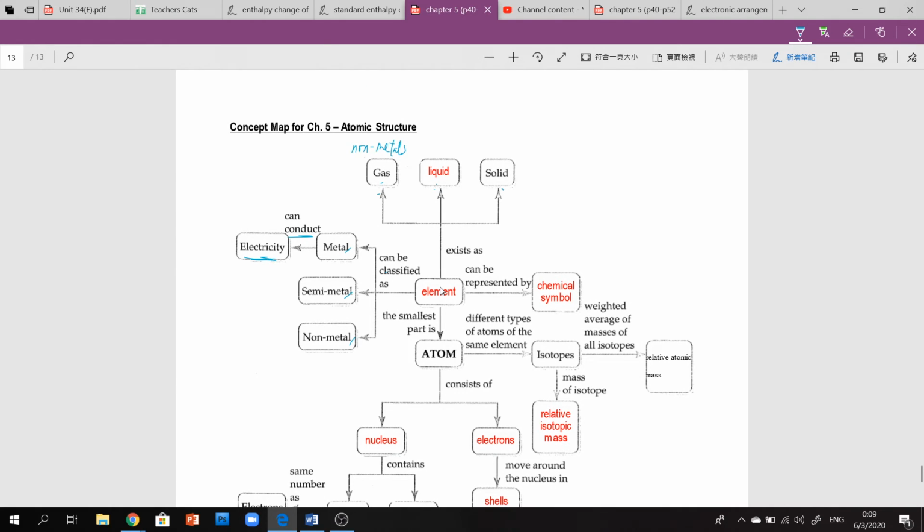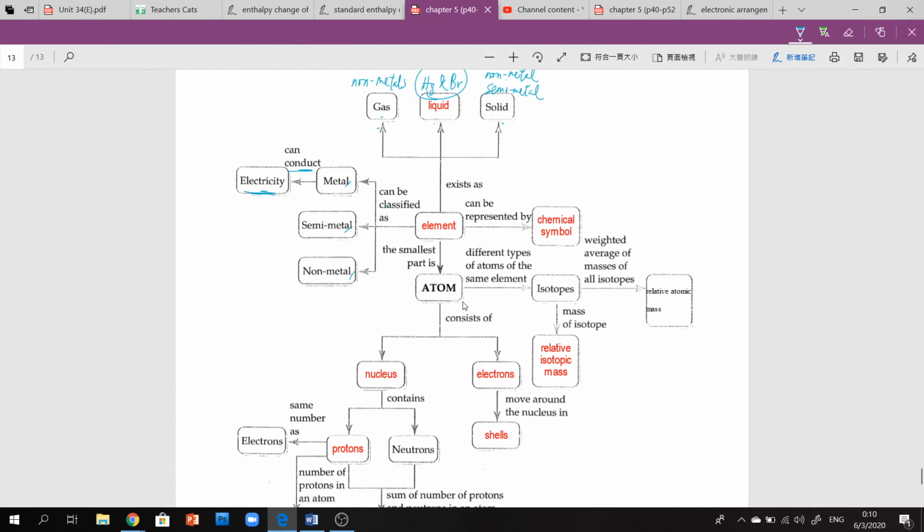For the gas, liquid, and solid elements, most gases are non-metals. For liquid, we have got only two: one is mercury and the other is bromine. And solid can be a metal, a non-metal, or a semi-metal.